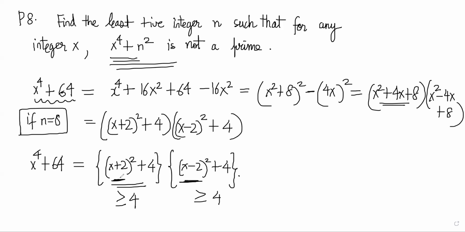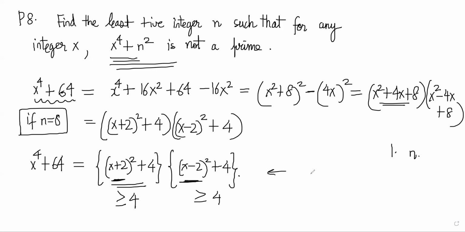So the number x power 4 plus 64 has been written in terms of two factors, and each of the factors is greater than or equal to 4. So that means it has been written as a product of two other numbers, not just one and itself.